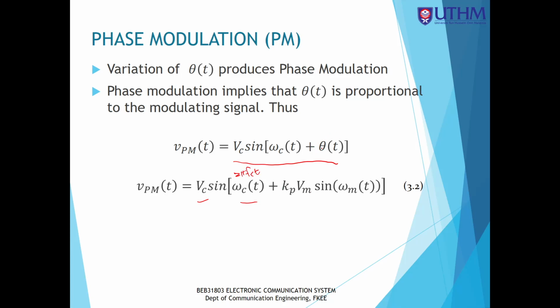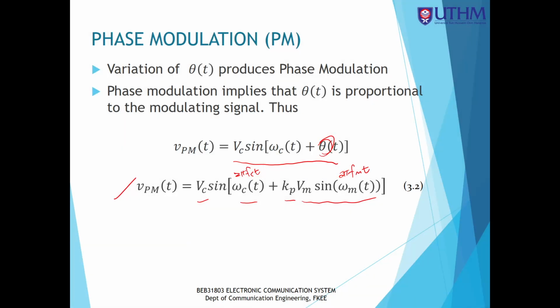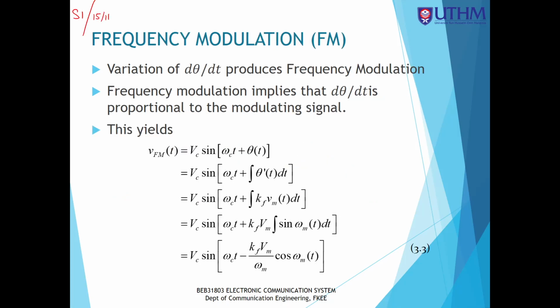So we replace theta t with kp vm(t), so kp vm sine omega mt, so this is 2 pi fmt. So this is the general equation for phase modulation, vPM(t). And we can also define the vFM(t).